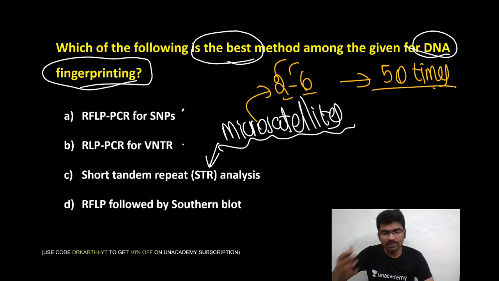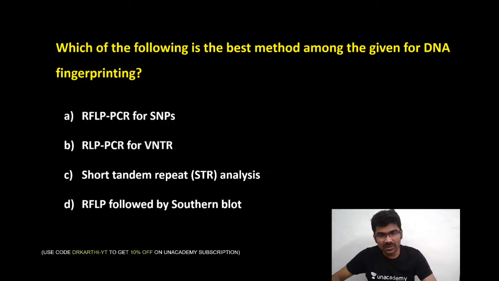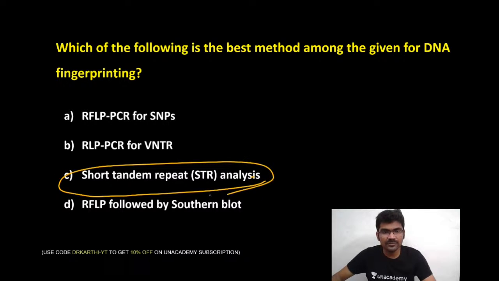The other name for microsatellites is short tandem repeat, otherwise simple sequence repeats, SSR. These are unique. These days, ultimately, we are going to do PCR for this only.